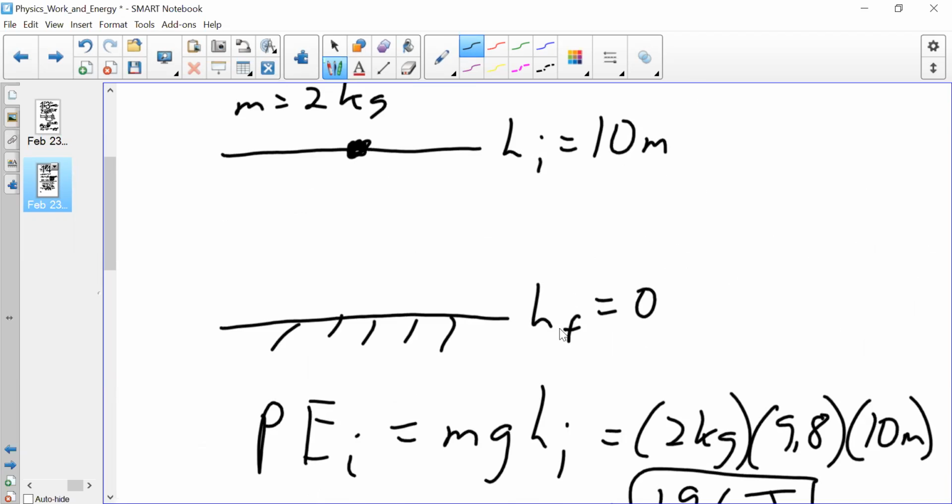So we can take the difference between these two and we'll see that it's negative. So the change in gravitational potential energy is going to be the final potential energy minus the initial potential energy, which is 0 minus 196.